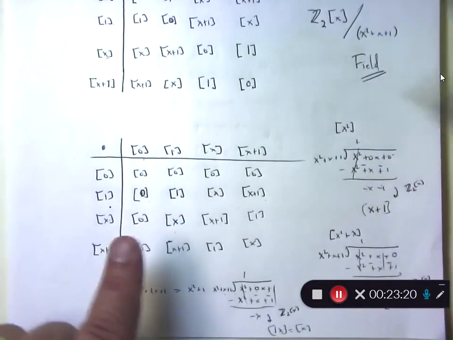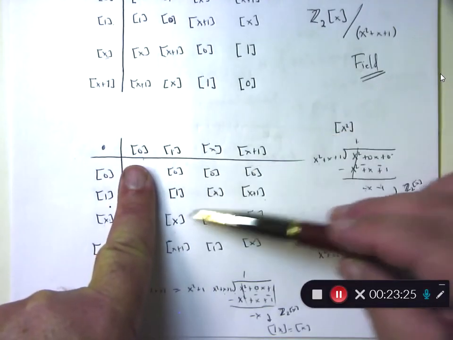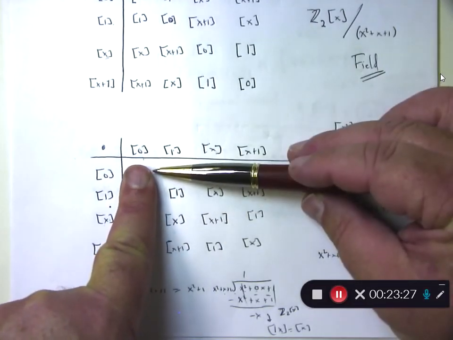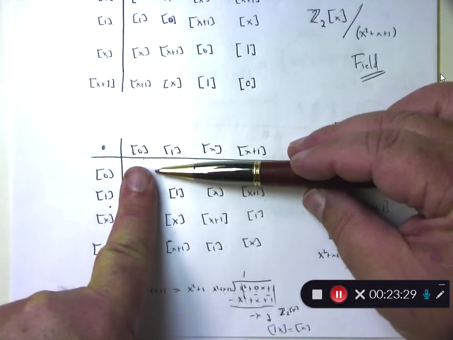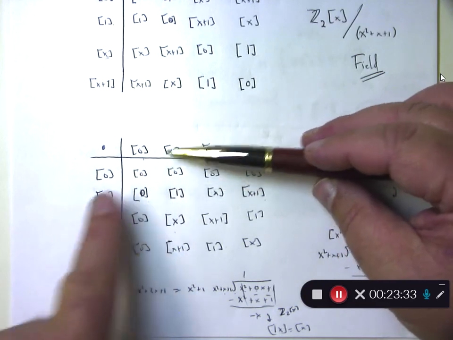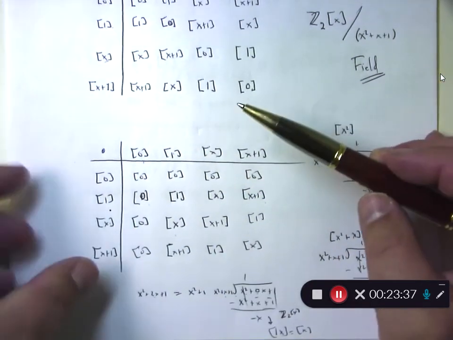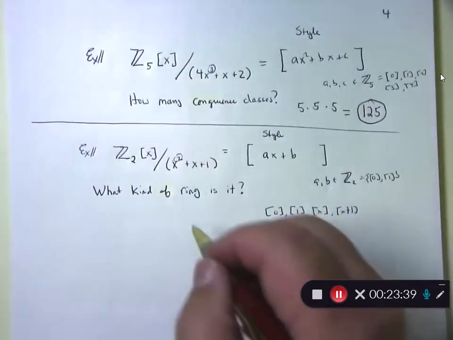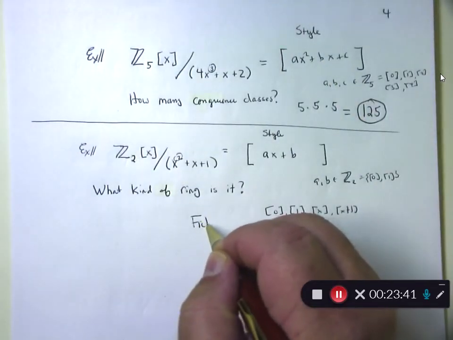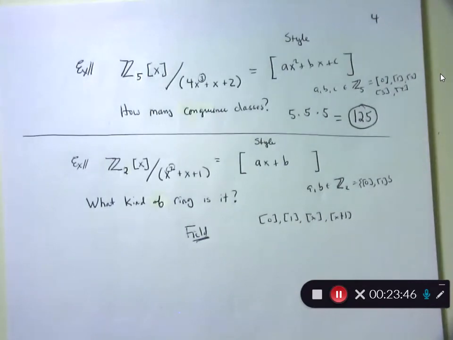Zero divisors are non-zero elements multiplied by non-zero elements giving 0, but I don't get any 0, so no zero divisors means integral domain. But let's see if it's even stronger than that. Are all non-zero elements units? Every element has a multiplicative inverse, so this is actually a field. But I had to look at the multiplication table for right now. There are going to be other ways down the road.